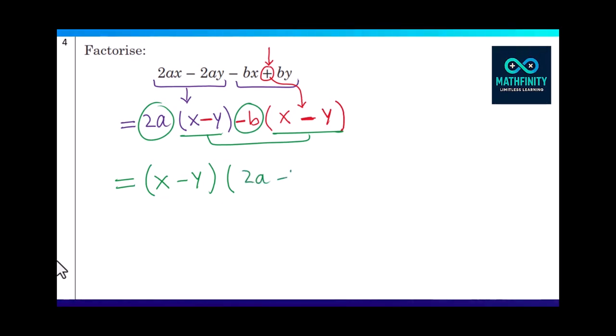So 2a and minus b. Hopefully, guys, you understand. The very technical point was, if you have to take negative outside common, then you have to change this sign. Please take care about this. And if you have any doubt or confusion, you can discuss with me.